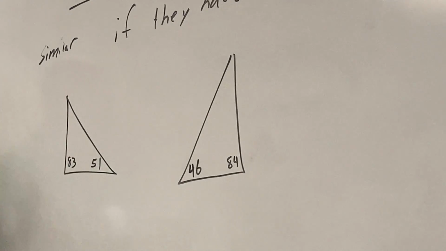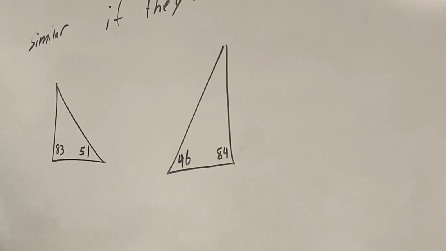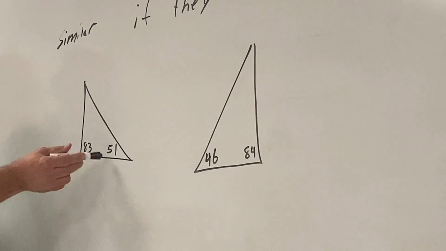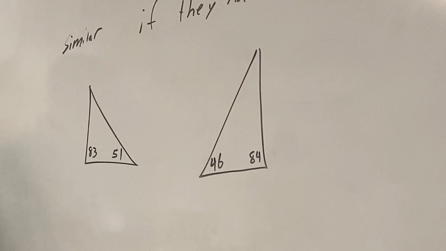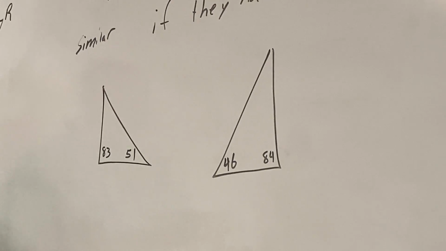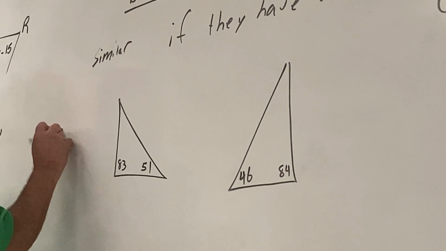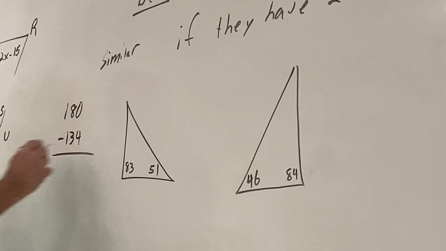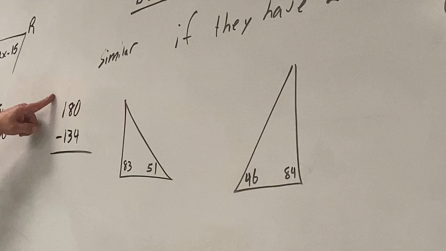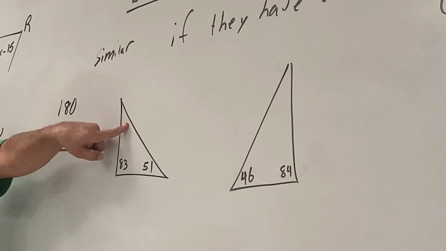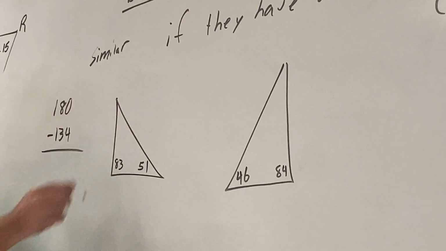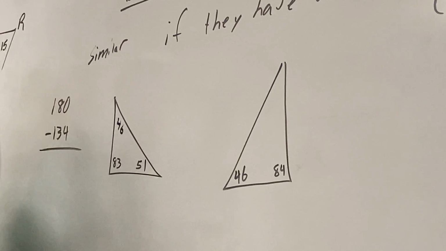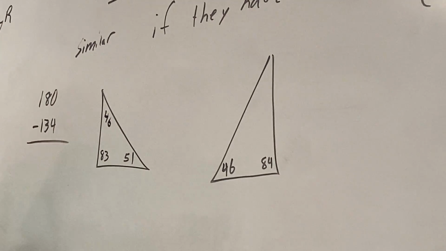What do y'all want to do on the first triangle? Gabby? 83 plus 51. All right, what is 83 plus 51? 134. You sure? Okay. You sounded pretty confident. He's got a calculator in his hand. I'm going to trust him. Let's subtract 180 minus 134. What is this last angle? 46. All right.